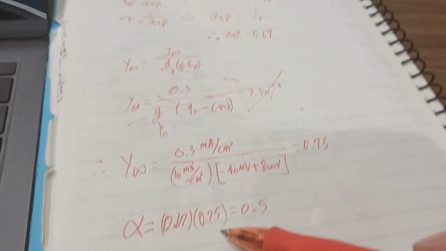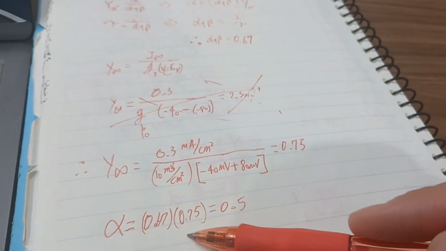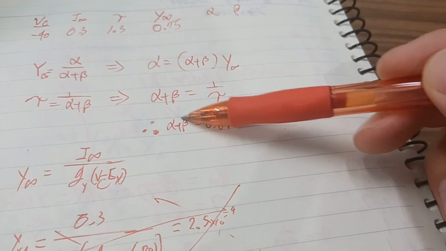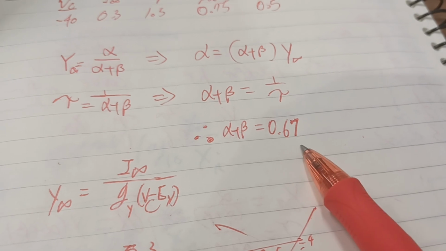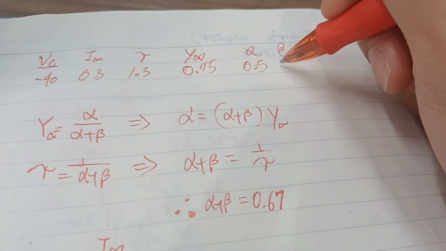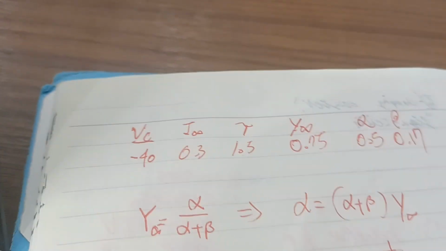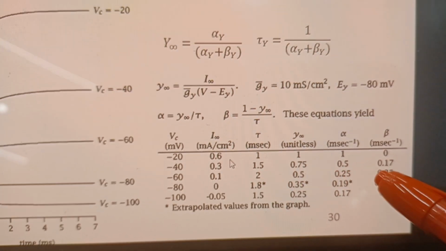So 0.75 times 0.67, and then you get 0.5 for alpha. And then beta: once you know alpha, which is 0.5, you can just put it in here. So 0.67 minus 0.5 would be 0.17.